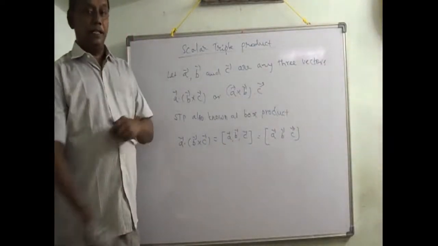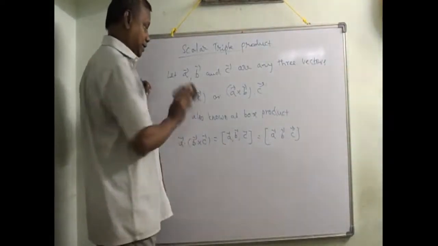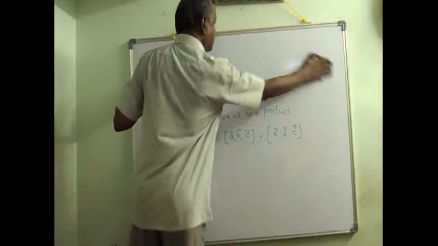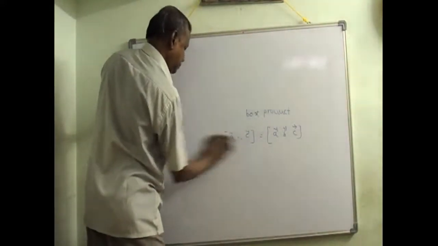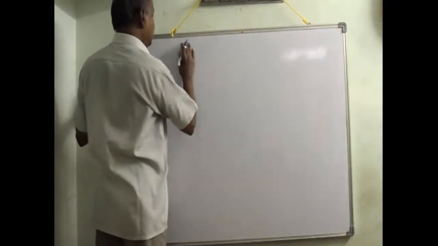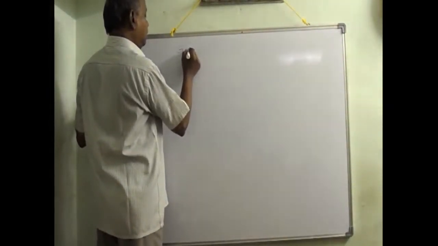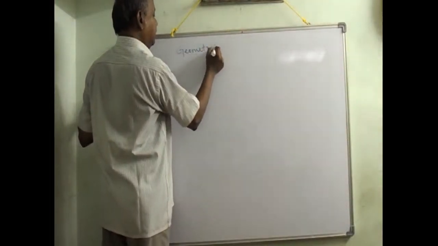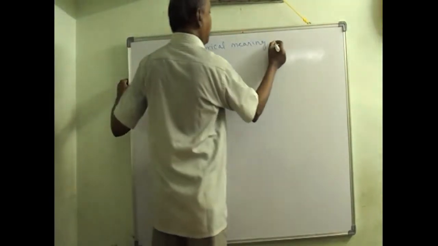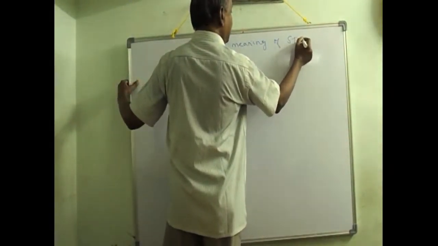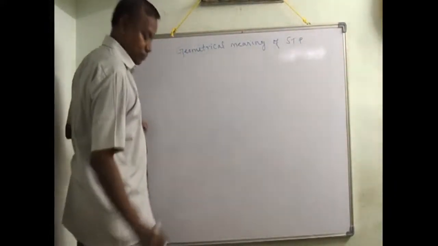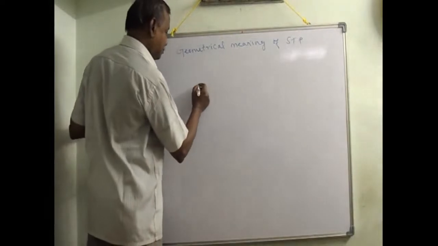Let us see the geometrical meaning of scalar triple product, STP. Now consider the following diagram.